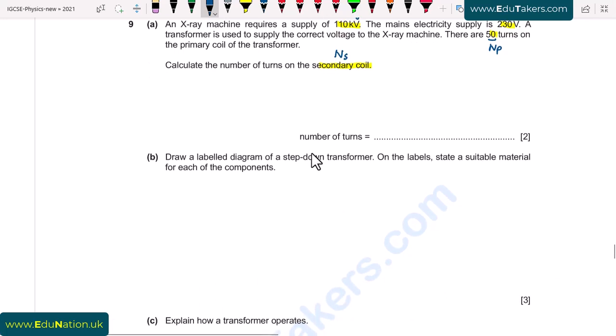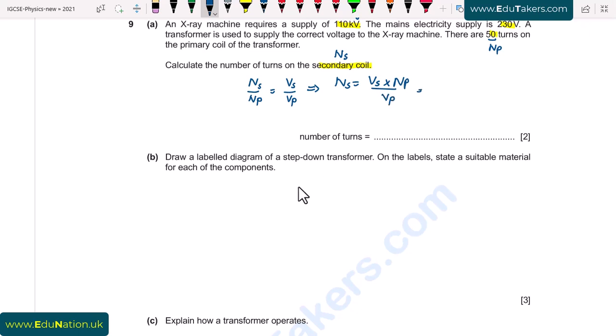For that we know that the ratio of number of turns of primary to secondary will be equal to the potential difference of primary to secondary. I write here Ns over Np is equal to Vs over Vp. So here we have to calculate the value of Ns. Ns will be equal to Vs multiplied by Np divided by Vp.